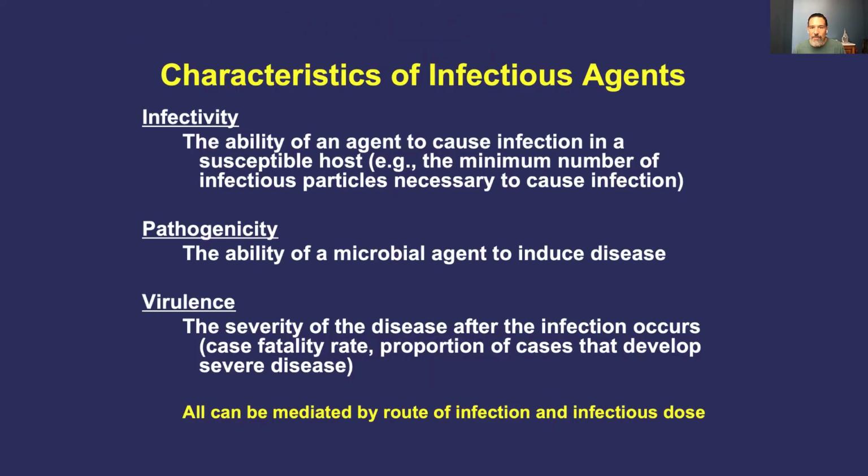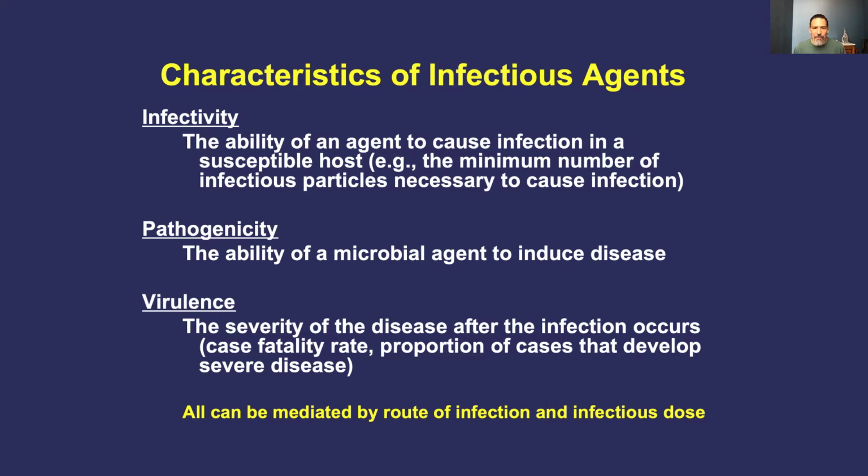So let's delve into some important agent-related factors. These include infectivity, pathogenicity, and virulence. Infectivity is the ability of an agent to cause an infection in a susceptible host. So it relates to the minimum number of infectious particles of an agent necessary to cause an infection. Pathogenicity is the ability of a microbial agent to induce disease given that infection has occurred.